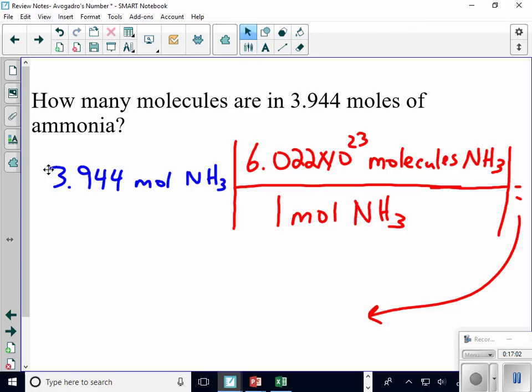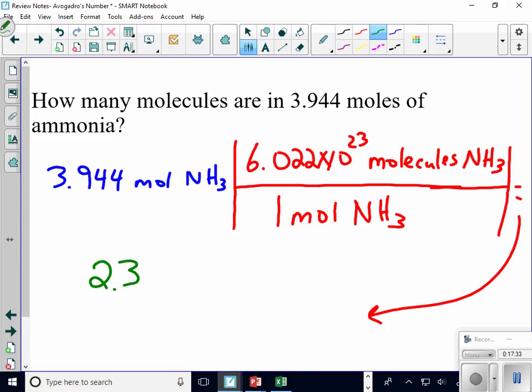So when I plug into my calculator, 3.944, multiply that by Avogadro's number, and looking, I have how many significant figures with this one? I have 4 sig figs here, so my answer I'm getting is 2.375 times 10 to the 24th.